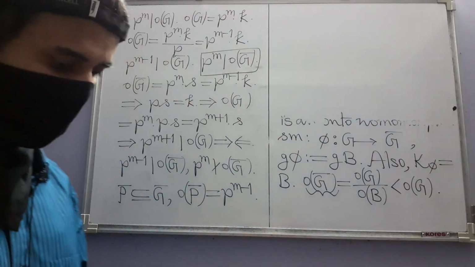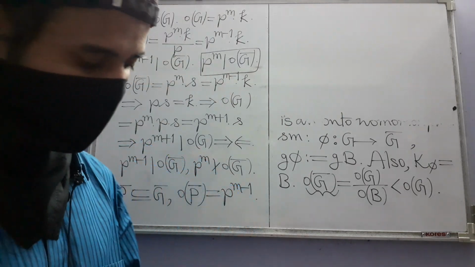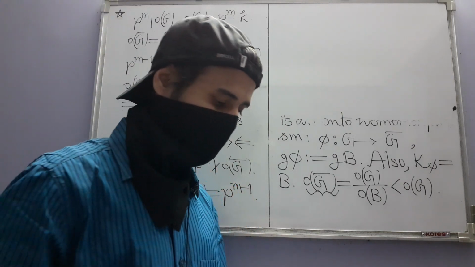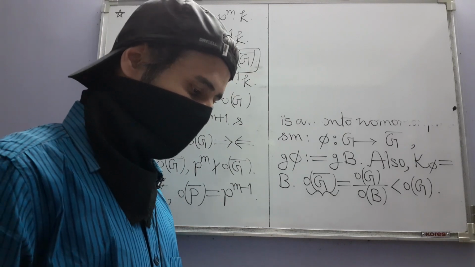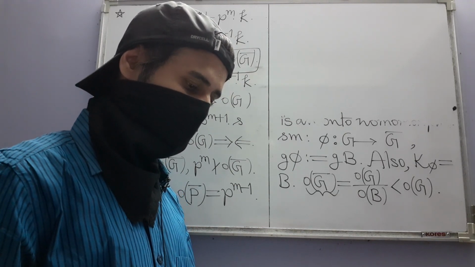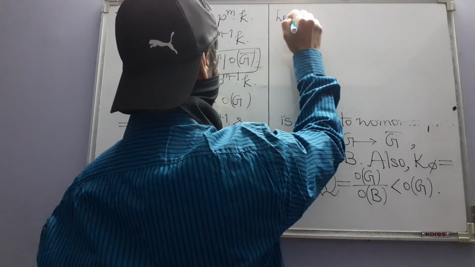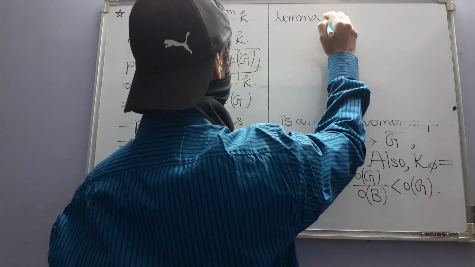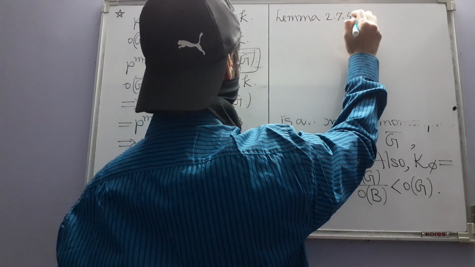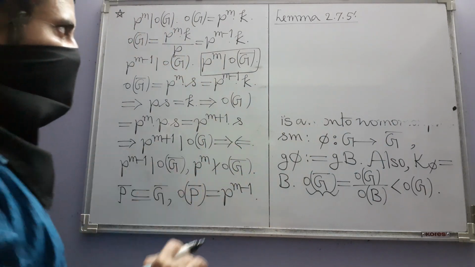There was one result in the section on homomorphism, section 2.7. It is known as the correspondence theorem, and it was lemma 275. What it basically says is this.